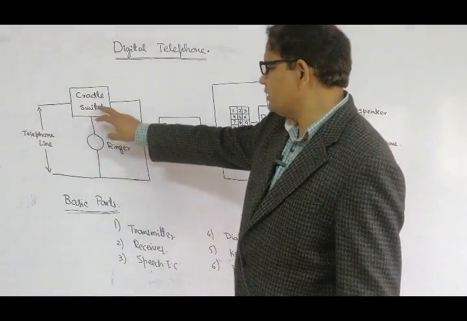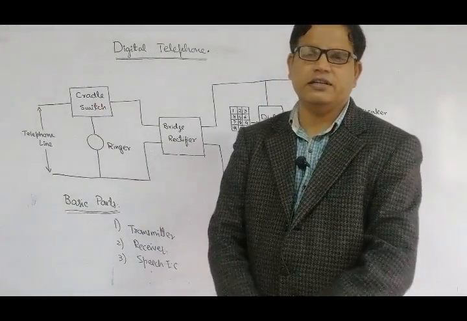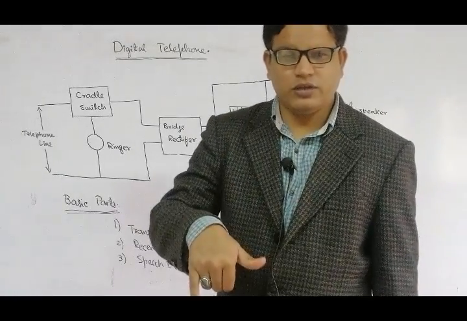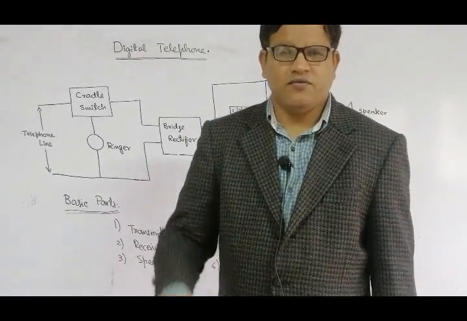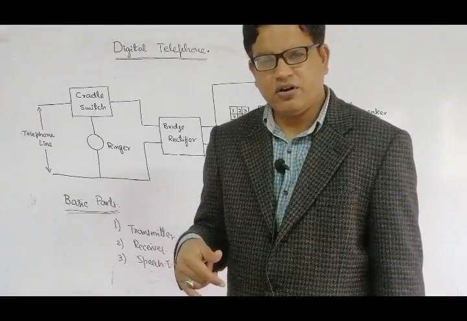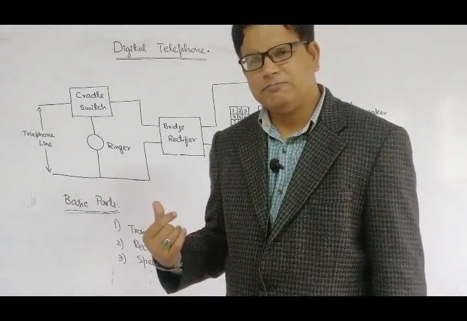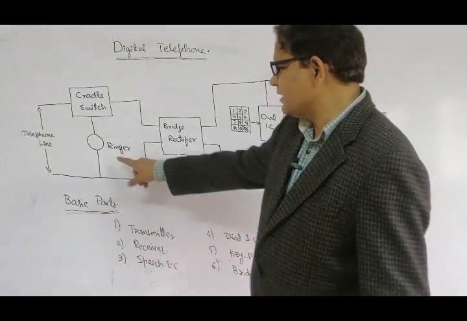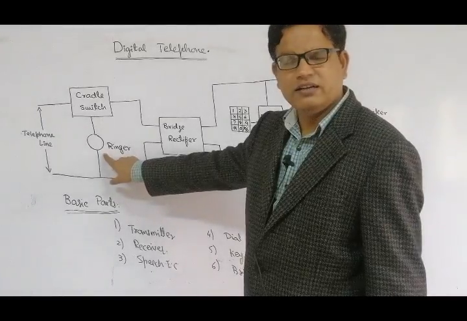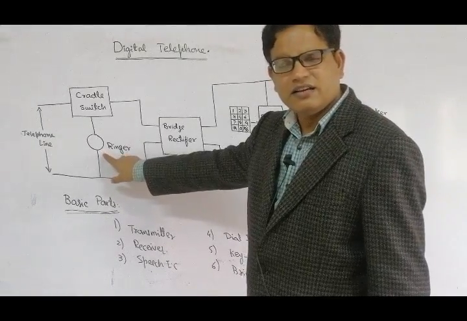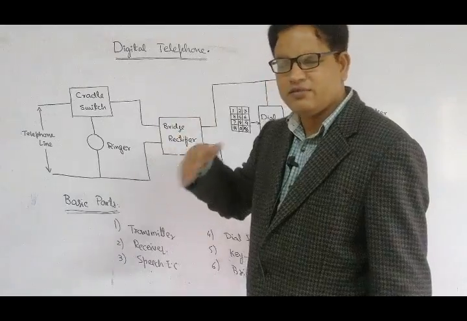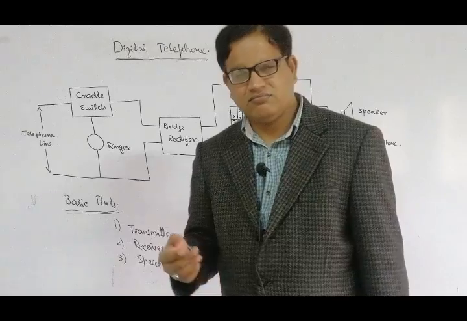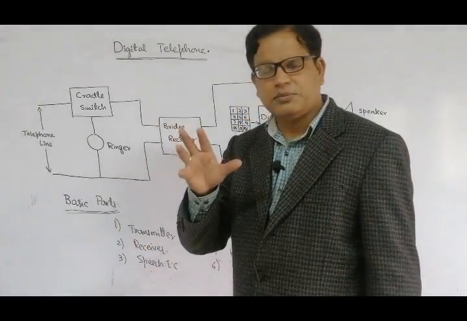Okay, now this is the cradle switch. Cradle switch is used as a two-way switch. When an incoming call comes toward the subscriber, the line is off and the ringer is on. Ringer is basically a bell. It makes a loud noise, an alert that alerts the subscriber.